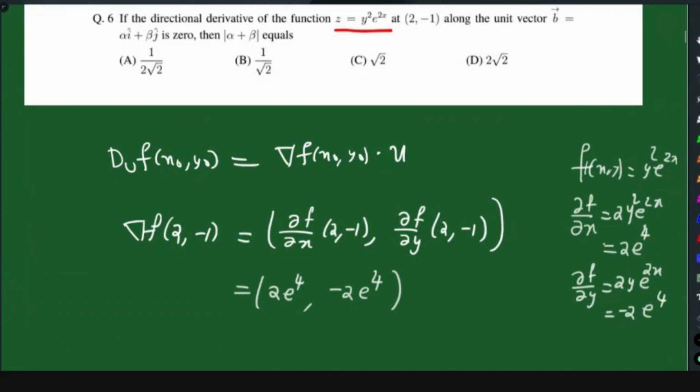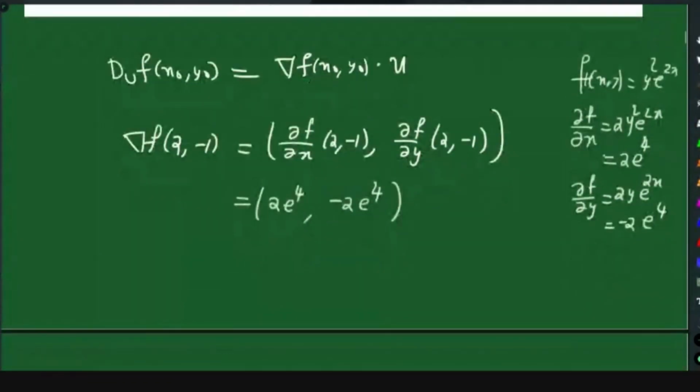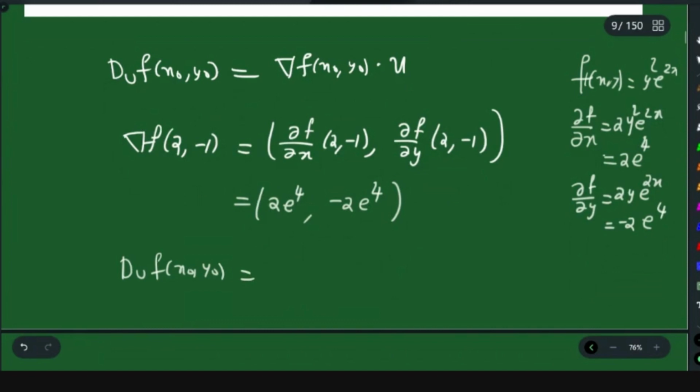So you can find the directional derivative. That is D_u f at (x naught, y naught) is in fact (2 e raised to 4, minus 2 e raised to 4) dot (alpha, beta), right?